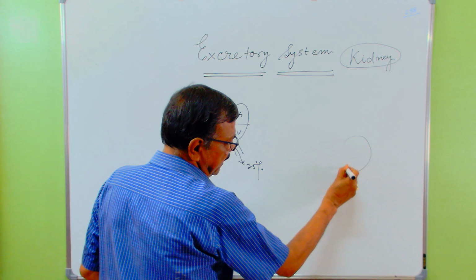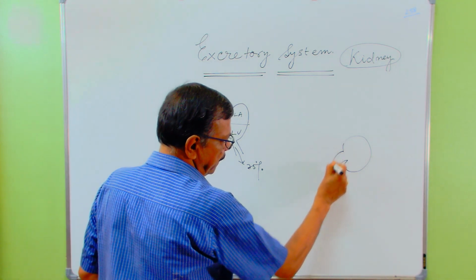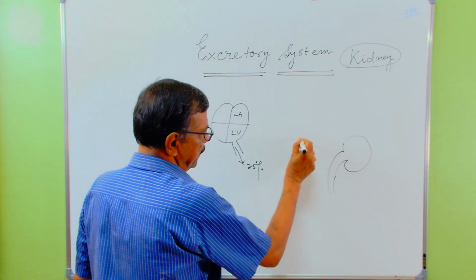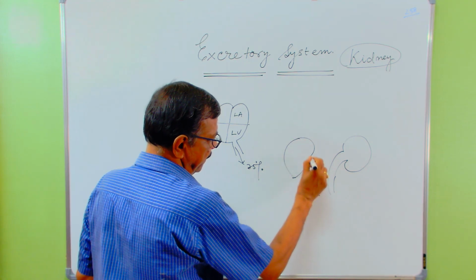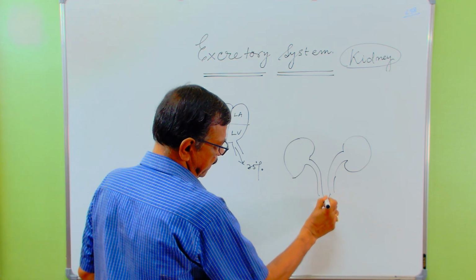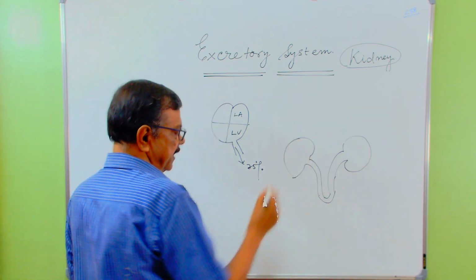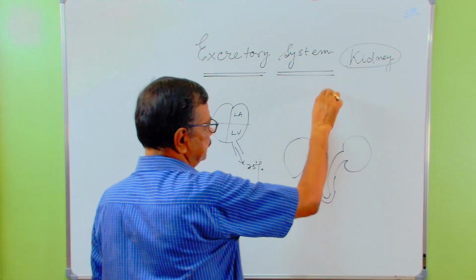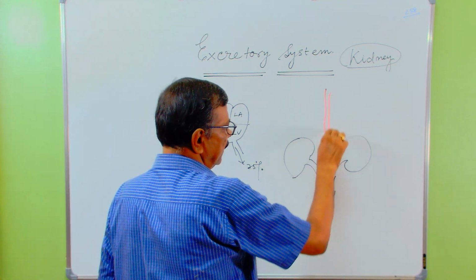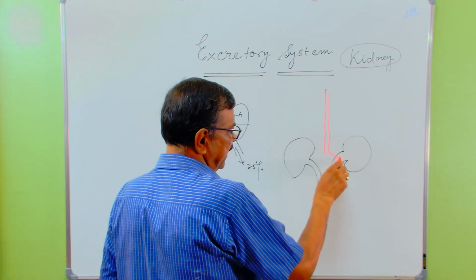Suppose this is the kidney. The renal artery brings the blood and it goes to the kidney.